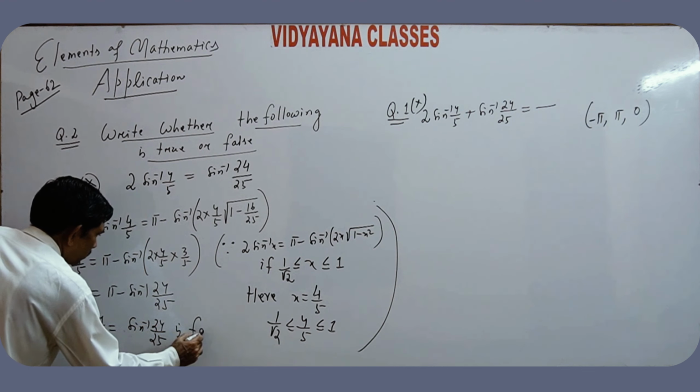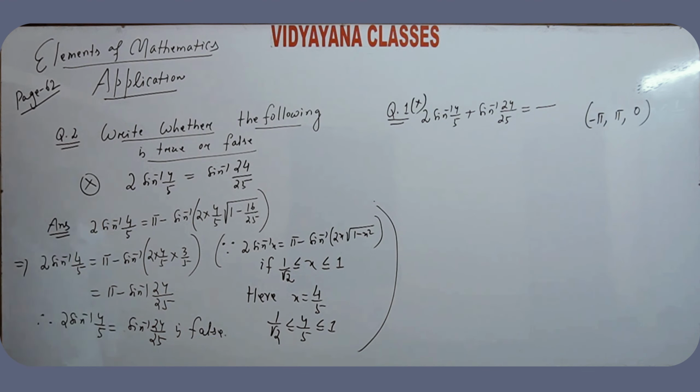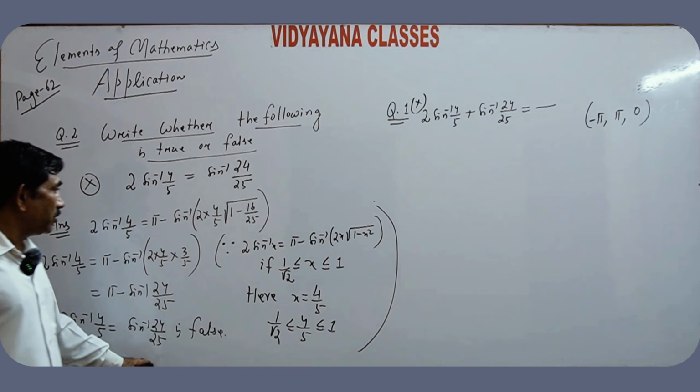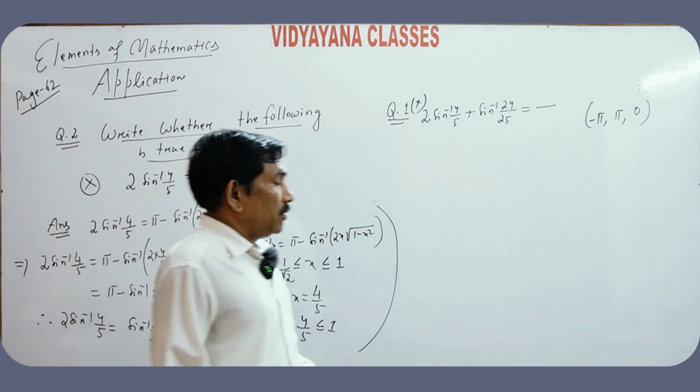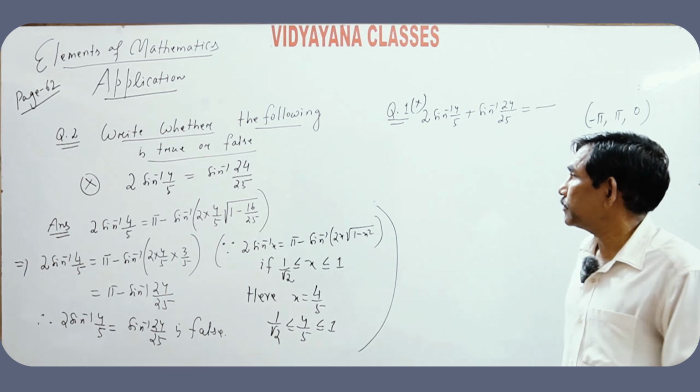Therefore, 2 sin inverse 4 by 5 is equal to pi minus sin inverse 24 by 25, so the statement that 2 sin inverse 4 by 5 is equal to sin inverse 24 by 25 is false. Here it is a false statement. Clear? Okay.